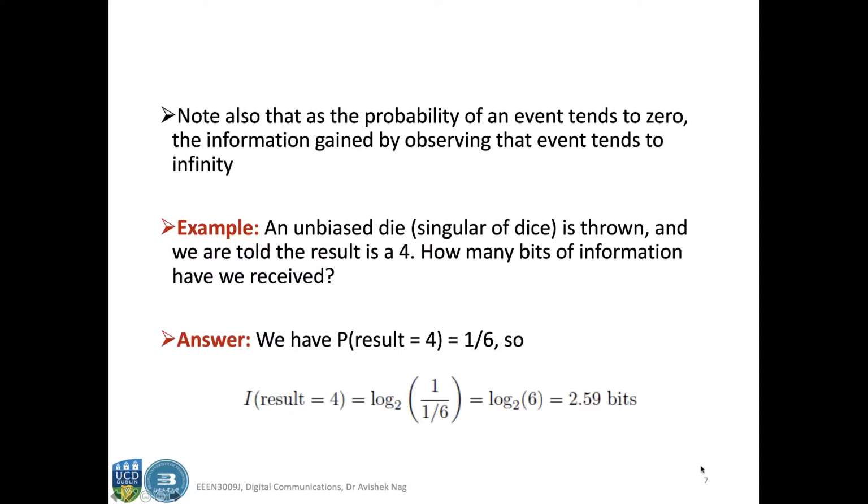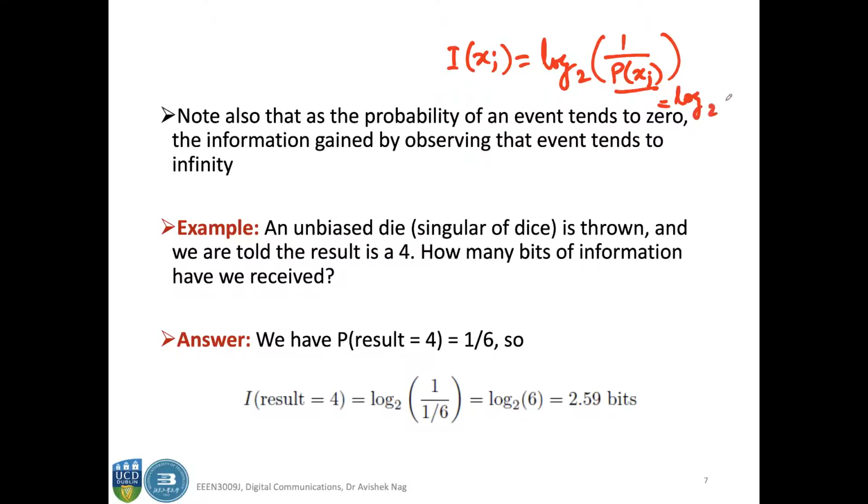So note also that as the probability tends to 0, the information gained by observing that event tends to infinity, because the information, as you saw, was this thing. So as this tends to 0, this term will be log of infinity.